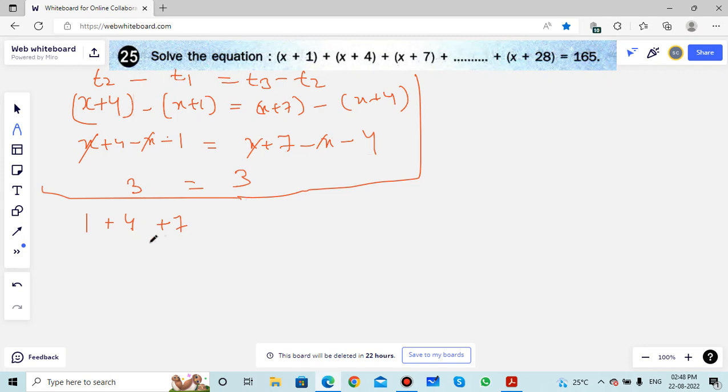Okay, let's not find the sum here, let's find the AP in that case. So first term, subtracting x, I'll get 1. Second term will be 4, third term will be 7, and the last term here will be 28. So can we not find the sum here? What is the formula that we can use here?